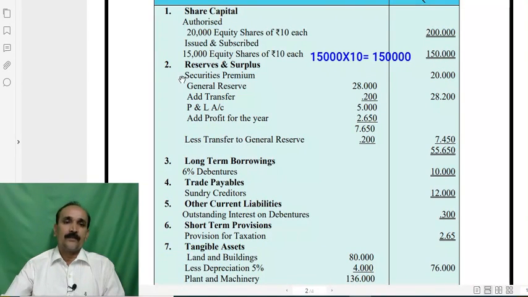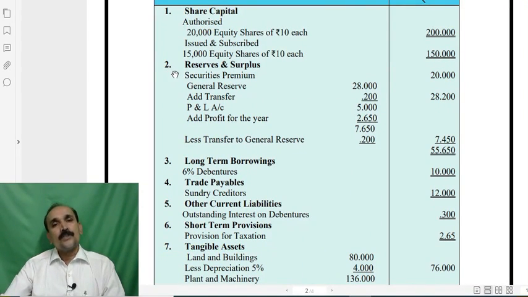Calculation 1,50,000. Note 2, reserve and surplus. Security premium, balance as per trial balance. General reserve, balance as per trial balance. Add transfer 200 as per adjustment. Total 28,200. Profit and loss account, balance as per trial balance 5,000.